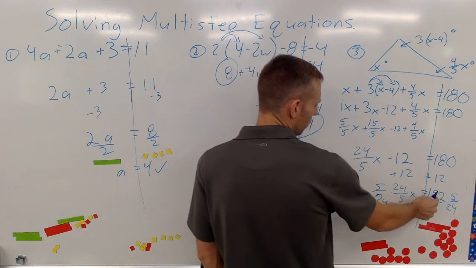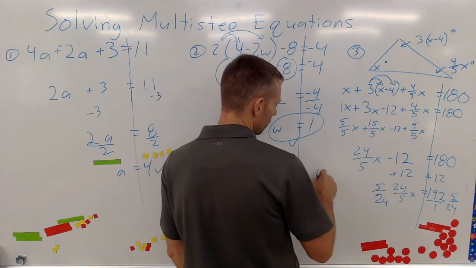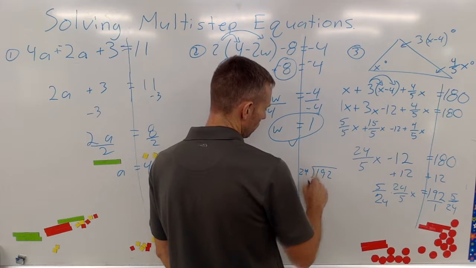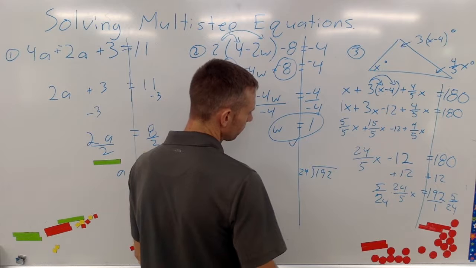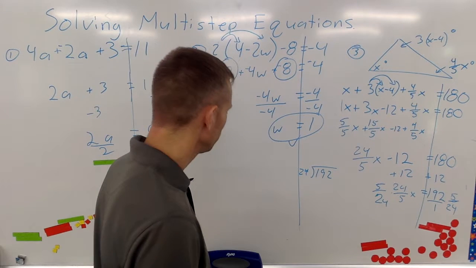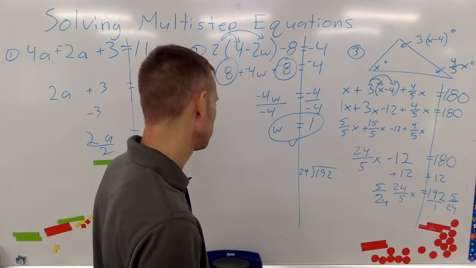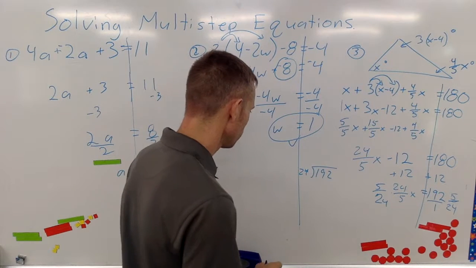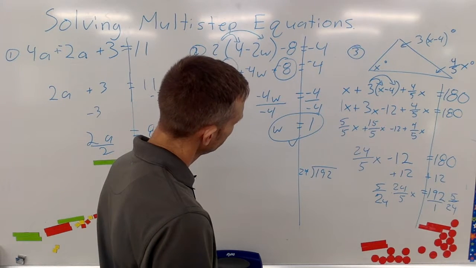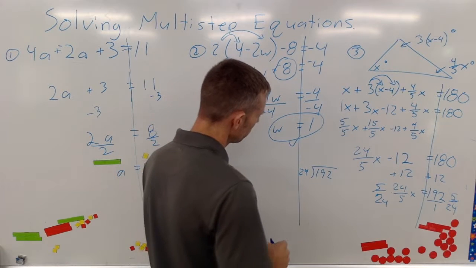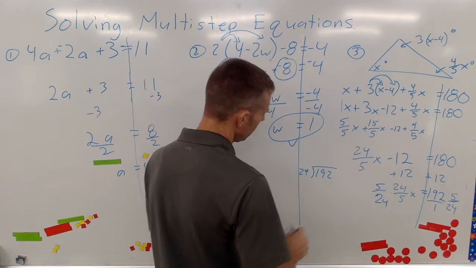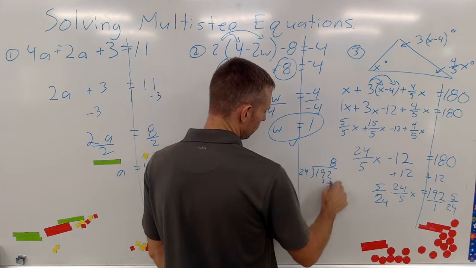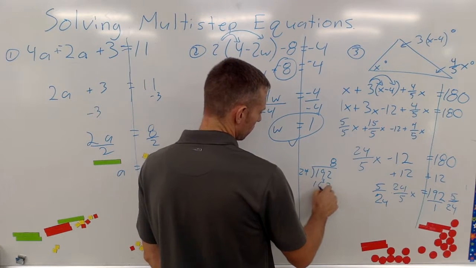If we find out if this is a factor of 24, so 192 and 24, that goes in, I believe, 8 times. 8 times 4 is 32. 8 times 2 is 16.